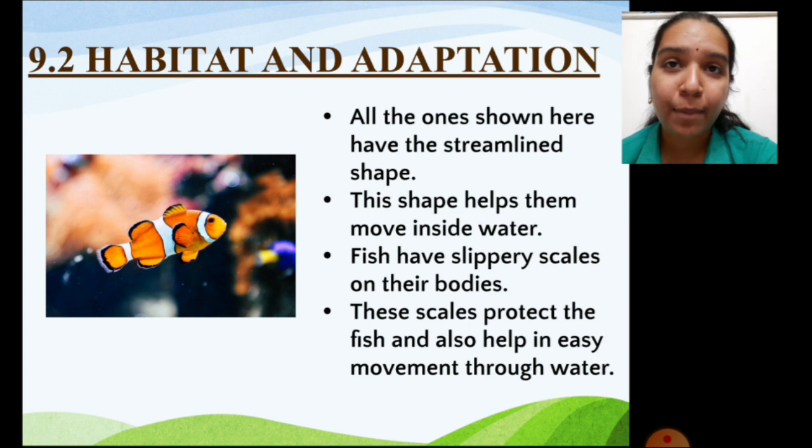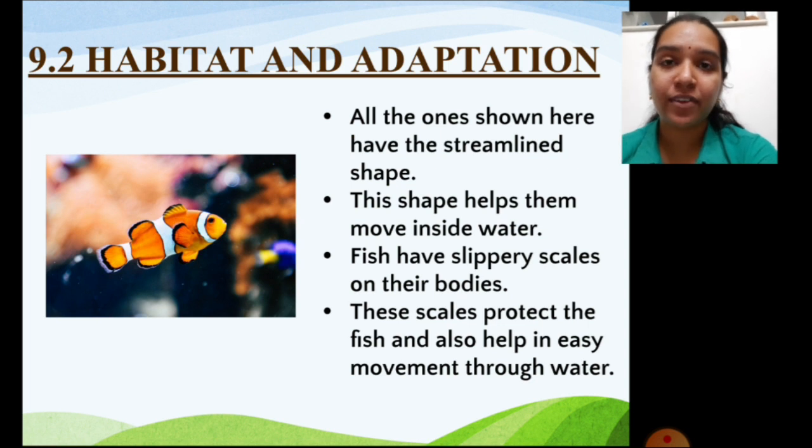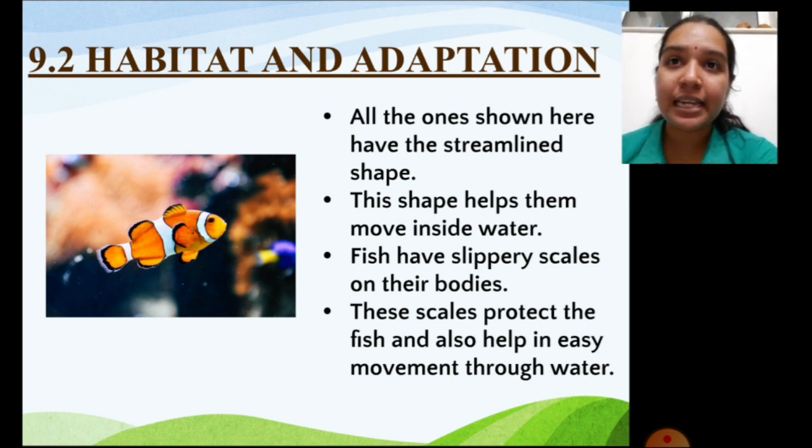This shape of the fish helps them to move inside the water. If you observe the body of a fish, the fish also has slippery scales on its body. Even these scales protect the fish and help in easy movement through the water.